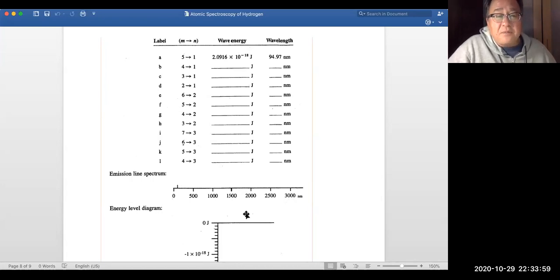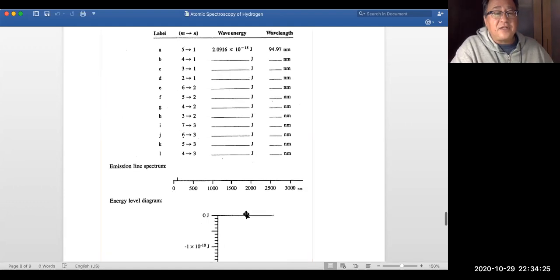So the first tick mark on the bottom is at 500 nanometers. So if we looked at that, where would we put 94.97 nanometers? And the answer is right where that little tick is above the bar. So you can see that the first wavelength is already written there, and we'll be writing, let's see, 1, 2, 3, 4, 5, 6 more, or 5 more wavelengths on there, okay?